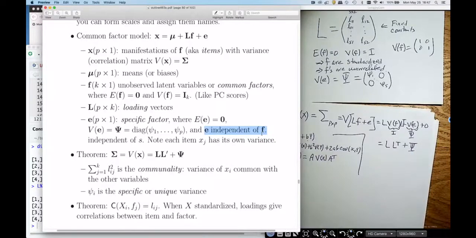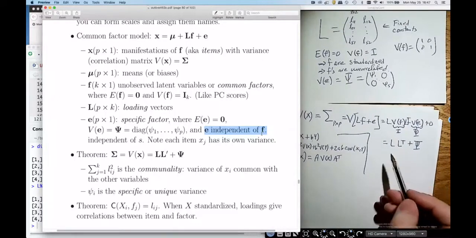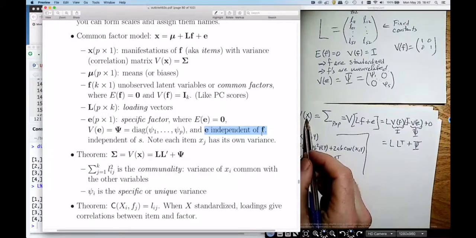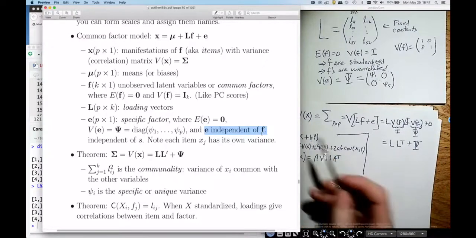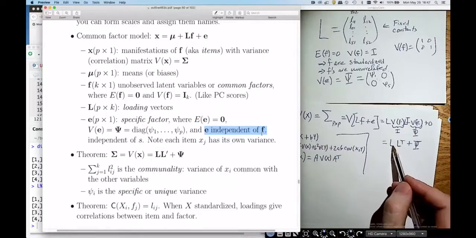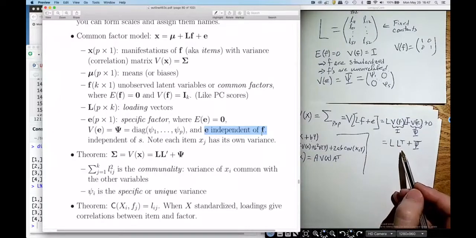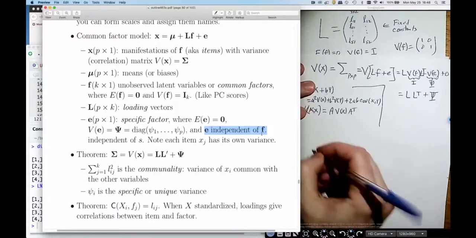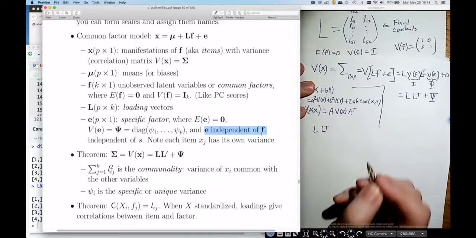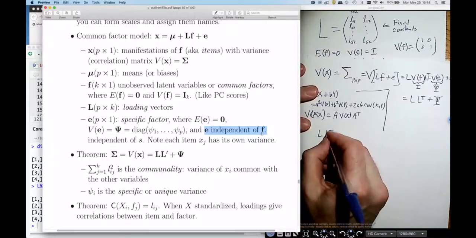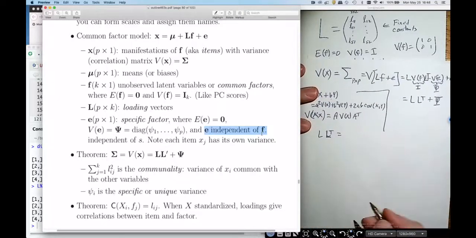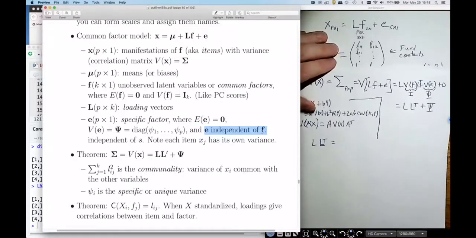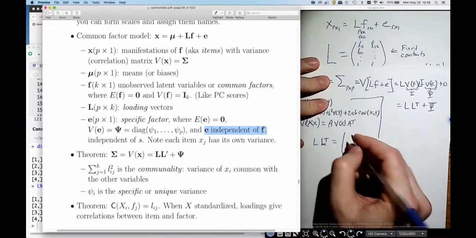And so this is a really important expression that says that the variance of X can be found by just computing this L L transpose thing. So let's write out some of this. I don't want to write the whole thing out because it's kind of big, but let's remind ourselves what L is. So L looks something like this.